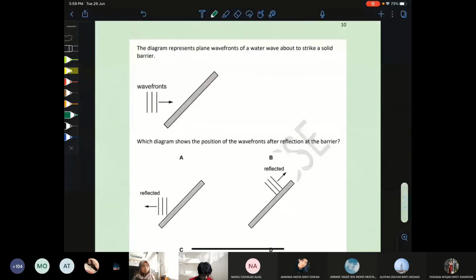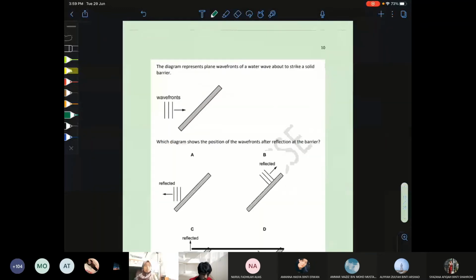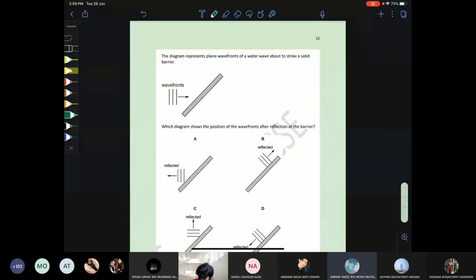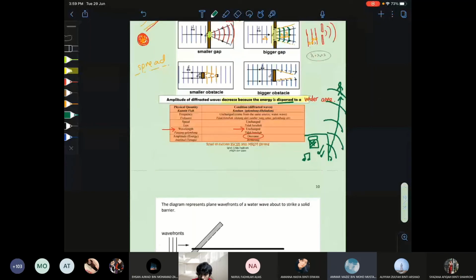Okay, so this is an example question related to the reflection of wave. Cikgu, nak tanya, yang pasal disperse tu, kalau kita tulis energy is lost to surroundings, boleh ke? Energy lost to surroundings, not really what we want lah.